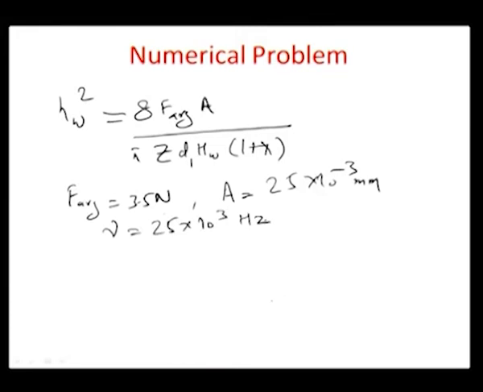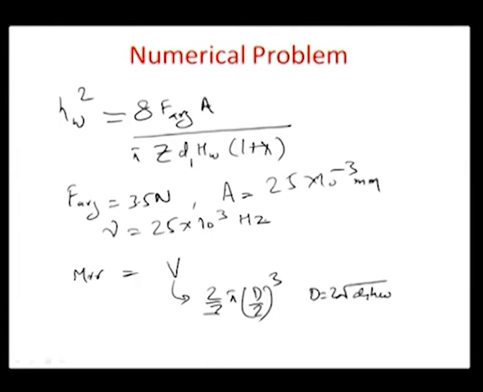So, MRR in this case can be estimated by the total volume V, which I already defined before as 2 by 3 pi (d/2) cubed, where d is equal to twice root d1 hw, times the number of particles making impact in one cycle or one impact of the tool, times nu, the operating frequency of the vibrating tool head.